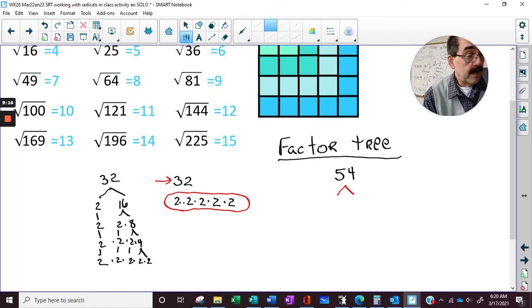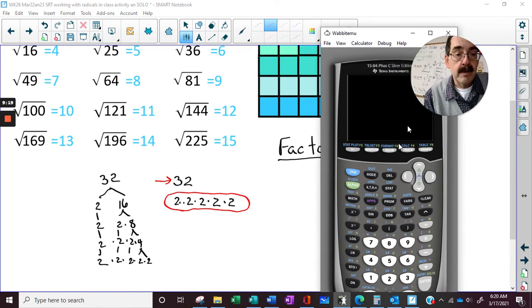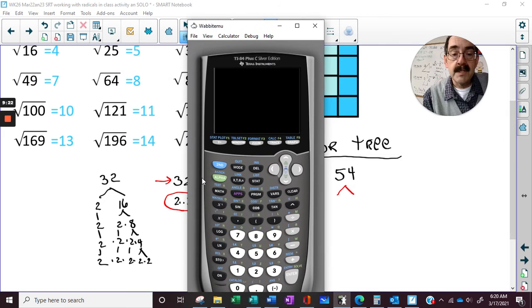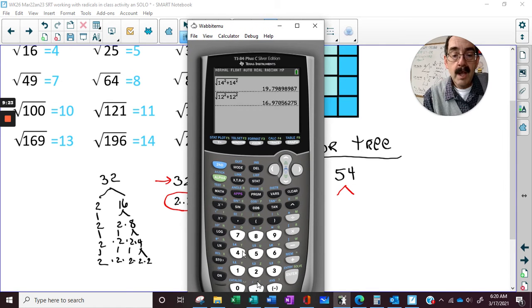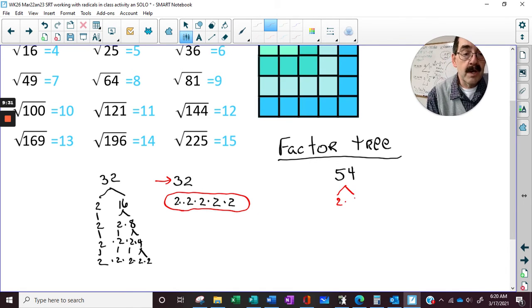Now, it's okay to use a calculator. There's nothing wrong with that. I'm just going to type in 54, and I know it's an even number, so 54 divided by 2 is 27. So 2 times 27. Well, I know a 2 is a prime factor. Now, what multiplies to 27?